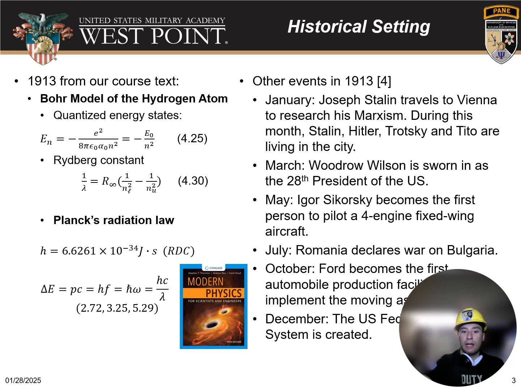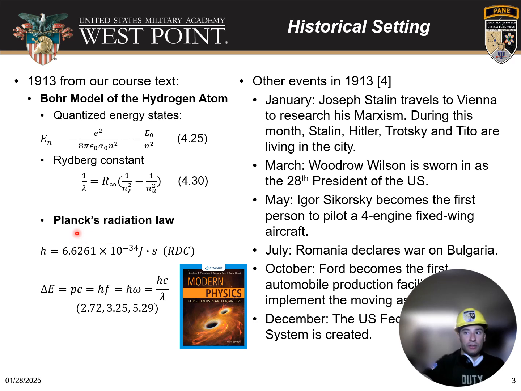All right, class, I just want to start this part of the slide. In 1913, for our course test, we had the Bohr model of the hydrogen atom and the quantized states. We're going to be seeing this equation in some of the other samples, as well as the Rydberg constant. You can find these equations in the PRC, specifically this one, with the difference that it adds the Z number, the atomic number of the element.